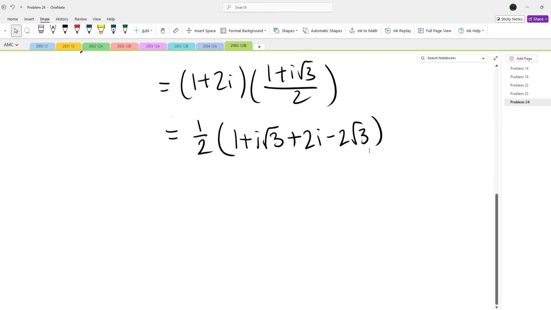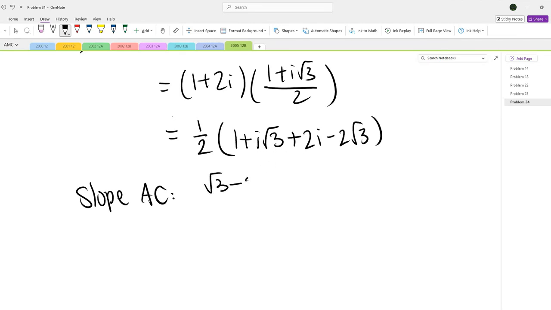So the slope would be the imaginary part, so root 3 plus 2, over the real part, so 1 minus 2 root 3.